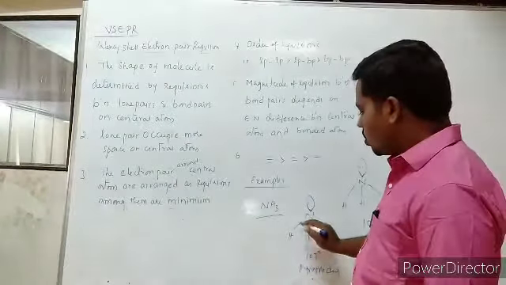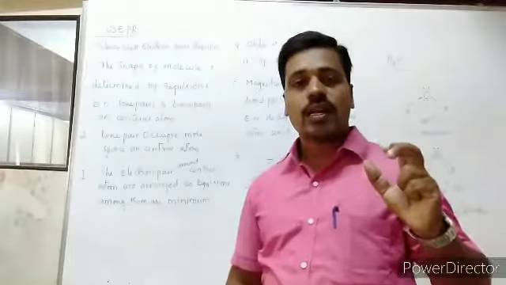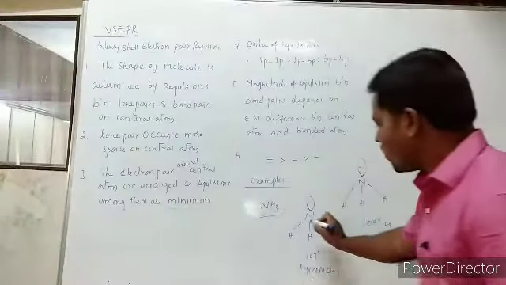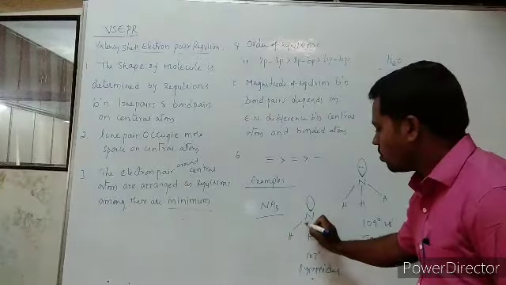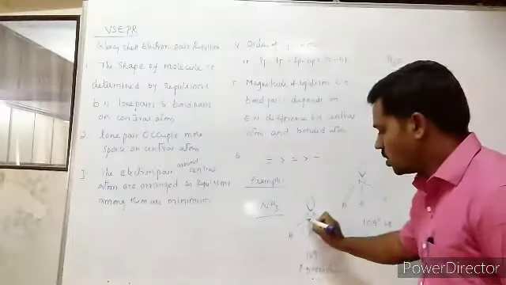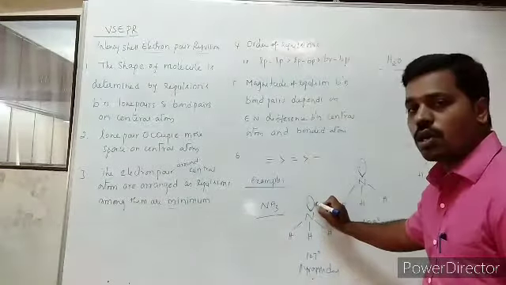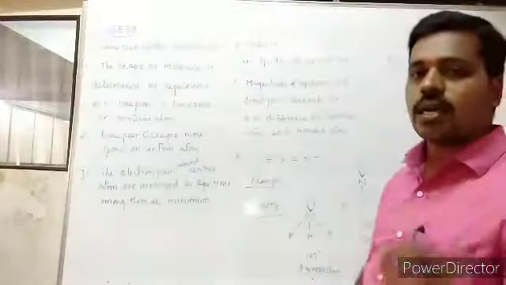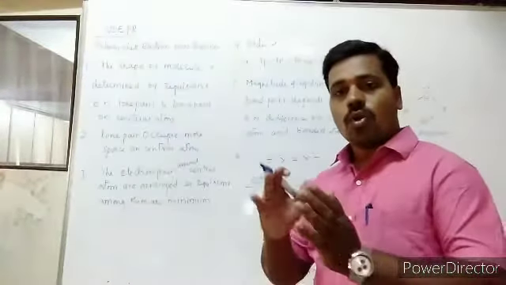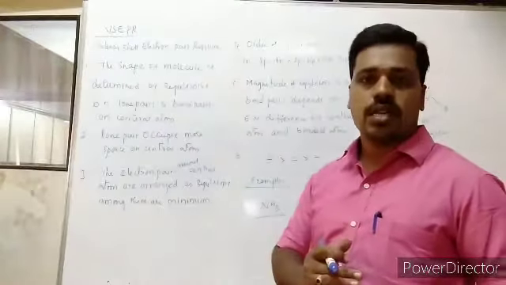Electrons involved in bond formation make a bond between nitrogen and hydrogen; these are bond pairs, these are lone pairs, and here N is called the central atom.